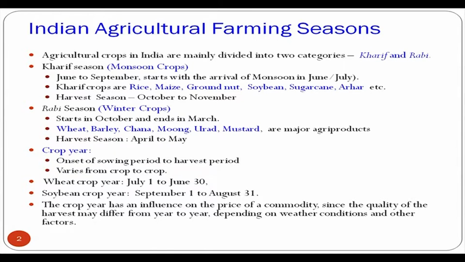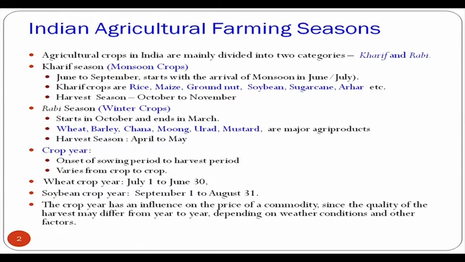For example, the wheat crop year is from July 1 to June 30, and the soybean crop year starts from September 1 to August 31. So that is a one year period. September 1st to 31st August is the soybean period.